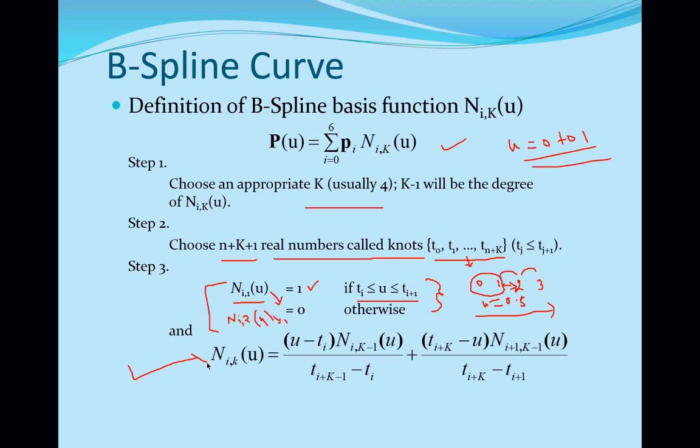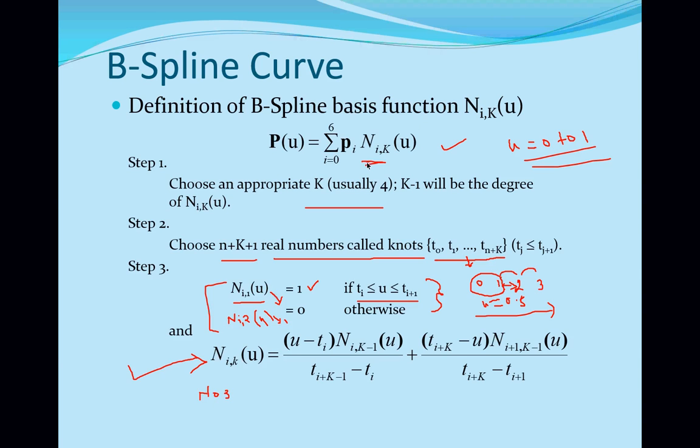Now you could see this is how I am going to calculate my N i k, and it is quite clear that this is a recursive function. It always depends upon previous values of N i k. The values I am going to require here will be something different. For example, if i is 0 and k is, let us say, 3, I need N 0,3.